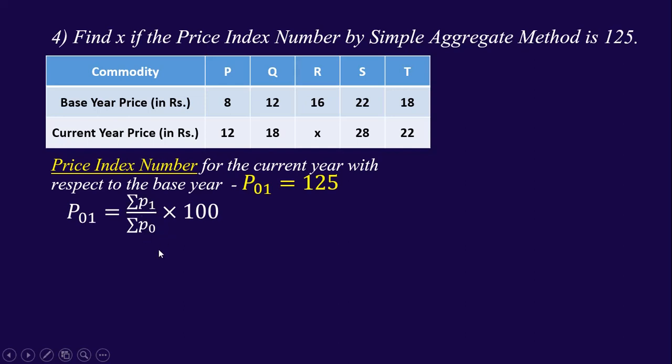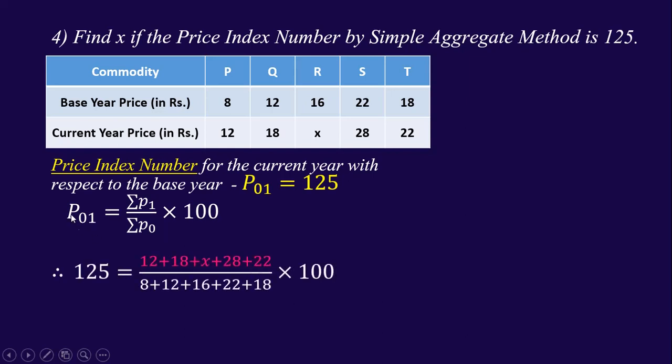In these places for summation P1 and summation P0, we get P01, this price index number 125 we write here, is equal to summation P1, the addition of current year prices, 12 plus 18 plus x plus 28 plus 22, upon summation P0, that is base year prices, their addition 8 plus 12 plus 16 plus 22 plus 18, into 100.